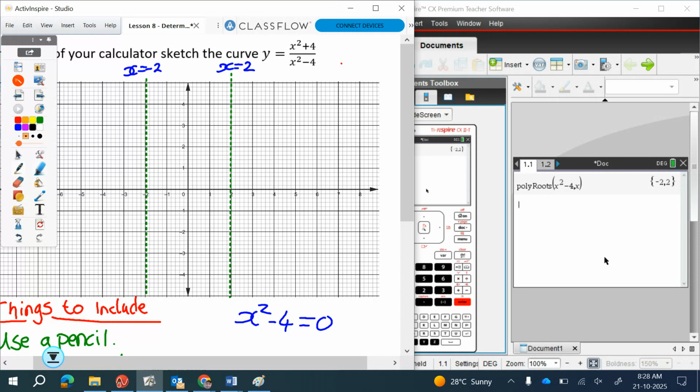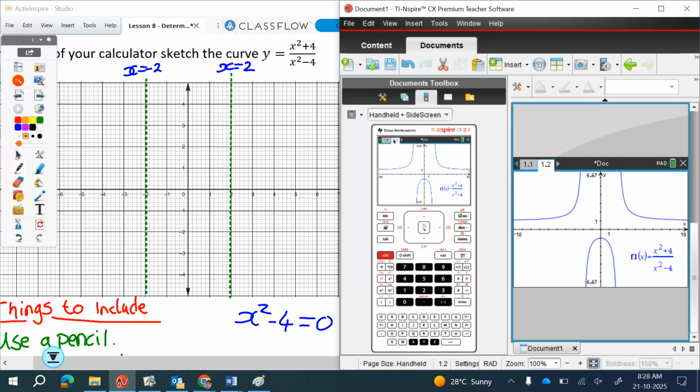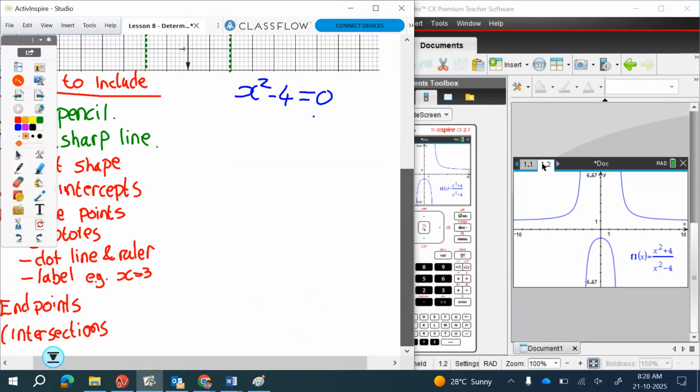Now, if we look back at the graph, do we have a horizontal asymptote? A horizontal asymptote can also be found algebraically. You're going to get a horizontal asymptote if the polynomial in the numerator and the polynomial in the denominator are the same degree. They're both x squared. So take the coefficients in front of them and divide them. We have x squared plus 4 over x squared minus 4.